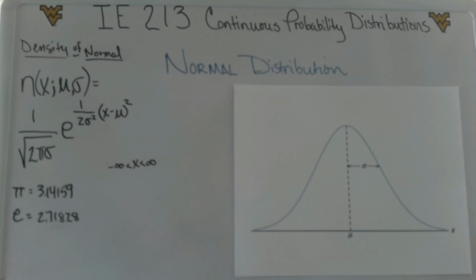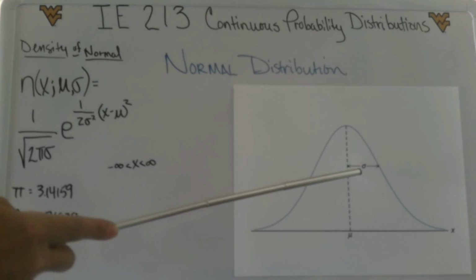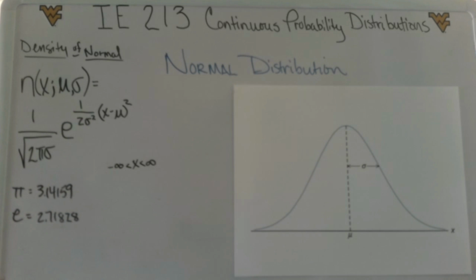The mathematical equation for the probability distribution of the normal variable depends on two parameters, mu, which is its mean, and sigma, which is its standard deviation. And hence we denote the values of the density, you can see that over here, as n(x; mu, sigma).